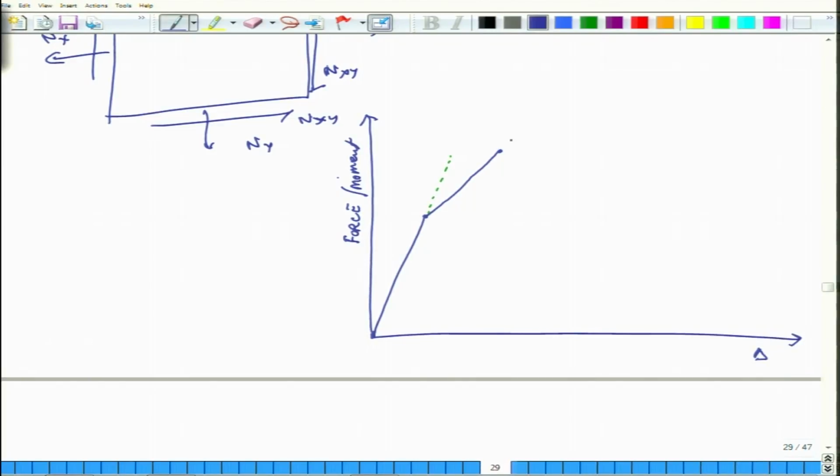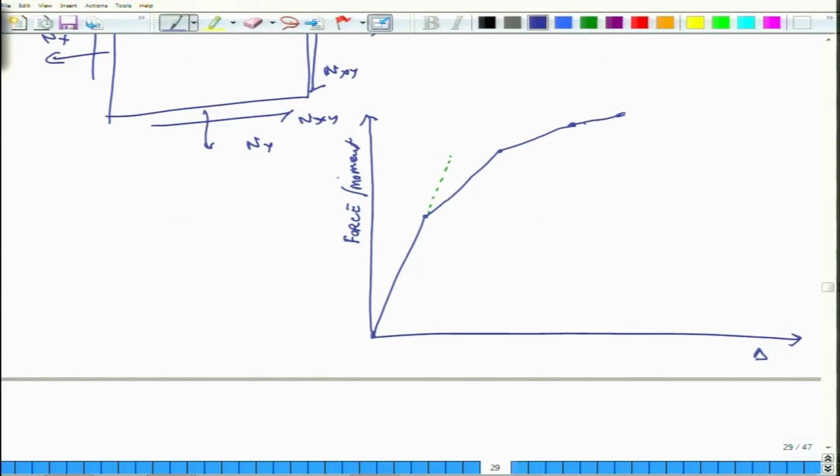Then another failure happens, then it does this again. This is how the stiffness of the plate keeps on reducing.